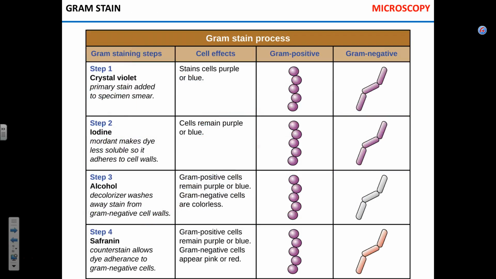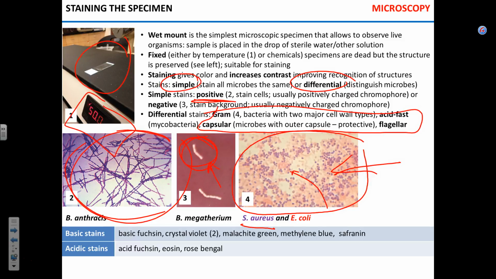So here's the Gram stain. Oh, let's go back to differential, say a few more. So acid-fast stain. Acid-fast stains for mycobacteria. You've heard about at least 2 of them, causative agents. Diseases associated: tuberculosis. Right? Everybody heard about tuberculosis. And leprosy, also caused by mycobacteria.